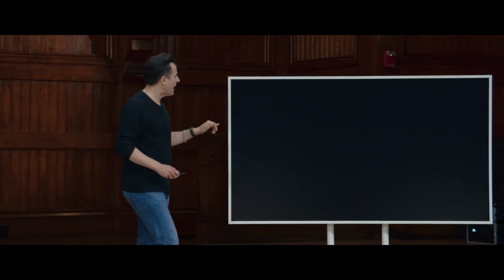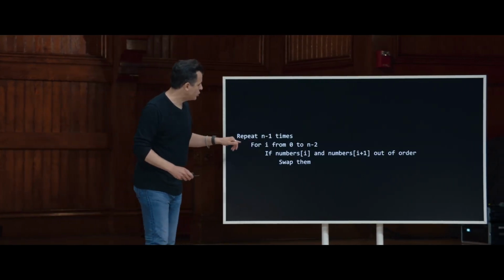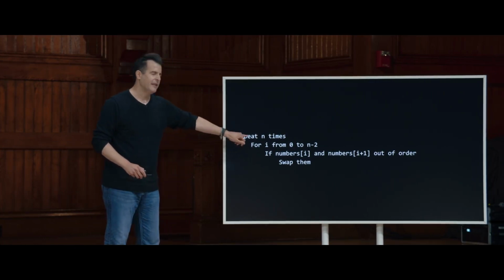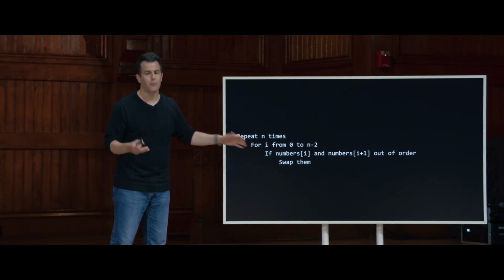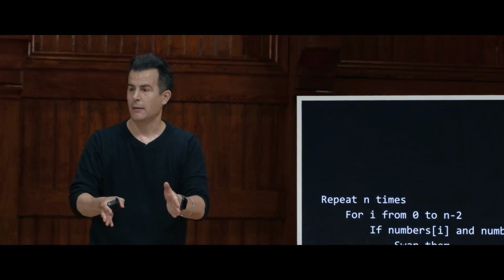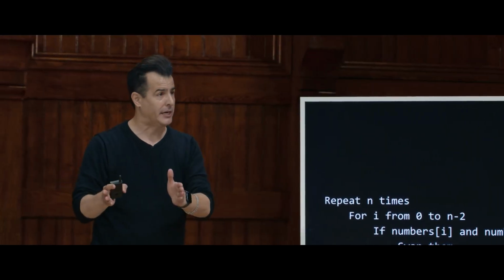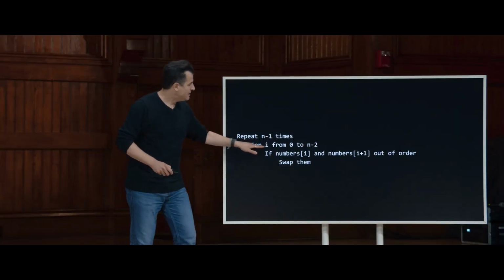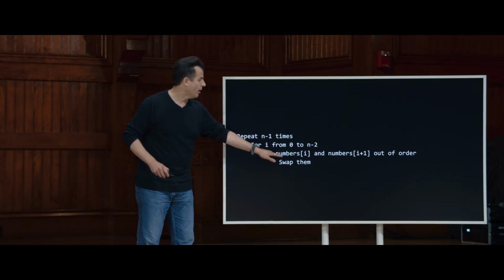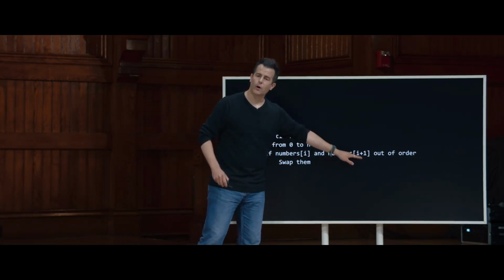Well, how did we get from that? Let me back up to the pseudocode. If this is the pseudocode as I originally put it, I then proposed verbally a refinement. You don't need to repeat yourself n times again and again because, again, the last one bubbles up. But by process of elimination, it's in the right place. So you can think of it as just n minus 1 times. How many times can you compare i and i plus 1?